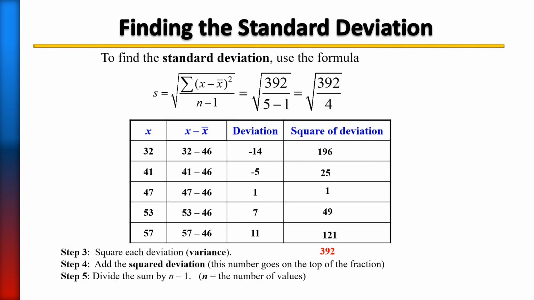We're going to go ahead and do that division, top divided by the bottom, and that's going to give you 98. Notice everything is still under the radical, so now we're going to take the square root of 98, and that's going to give us approximately 9.90, and that is our standard deviation.